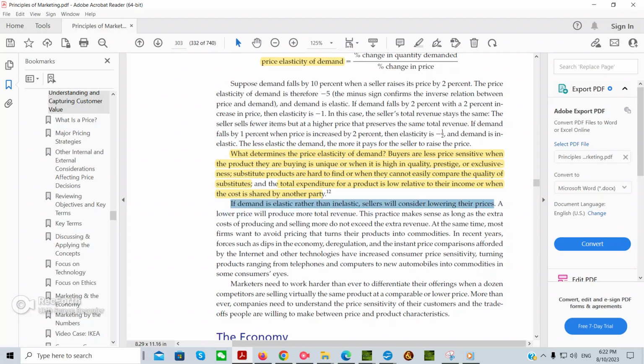Therefore, to get demand, they have to lower their price. So if you want to say it simply, when you have less demand, you have to have less price. When you have more demand, you have more price. See how that's easy? Now, a lower price will produce more total revenue.